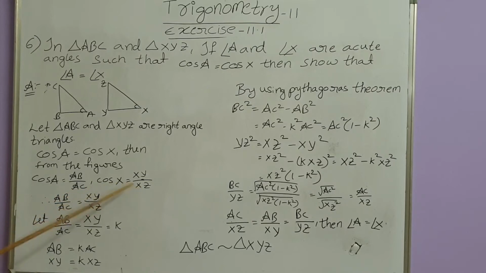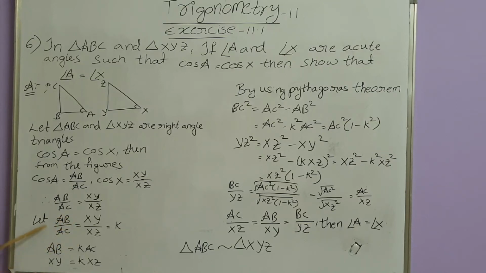These two are equal. AB by AC is equal to XY by XZ. Let AB by AC is equal to XY by XZ is equal to K. Take one constant K.